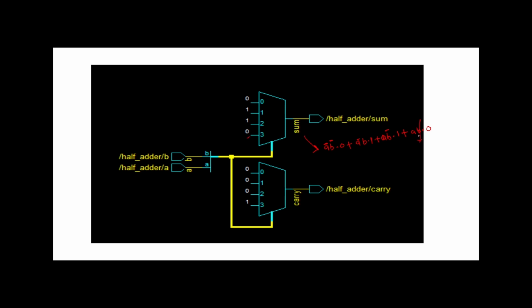Anything multiplied with 0 is 0, right? So it is A bar B plus A B bar. This is nothing but A XOR B. This is the sum expression for half adder, right?